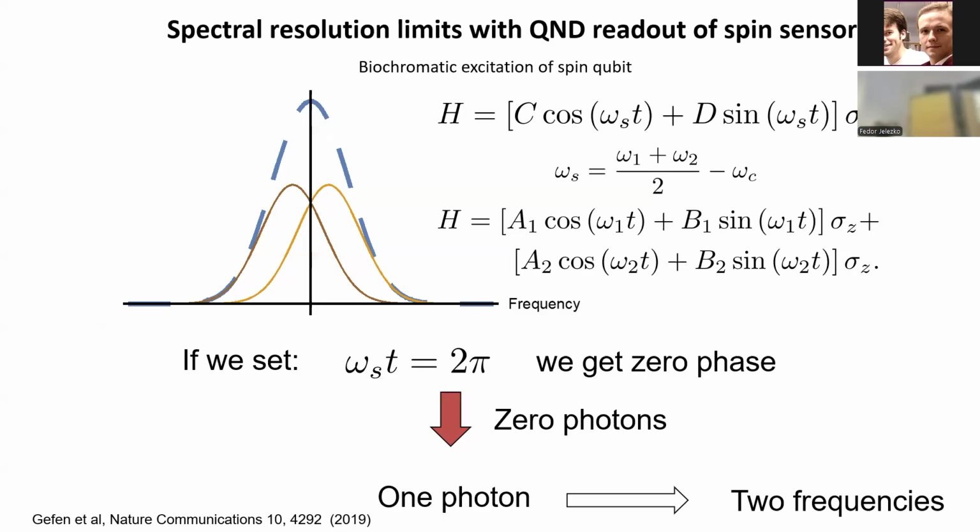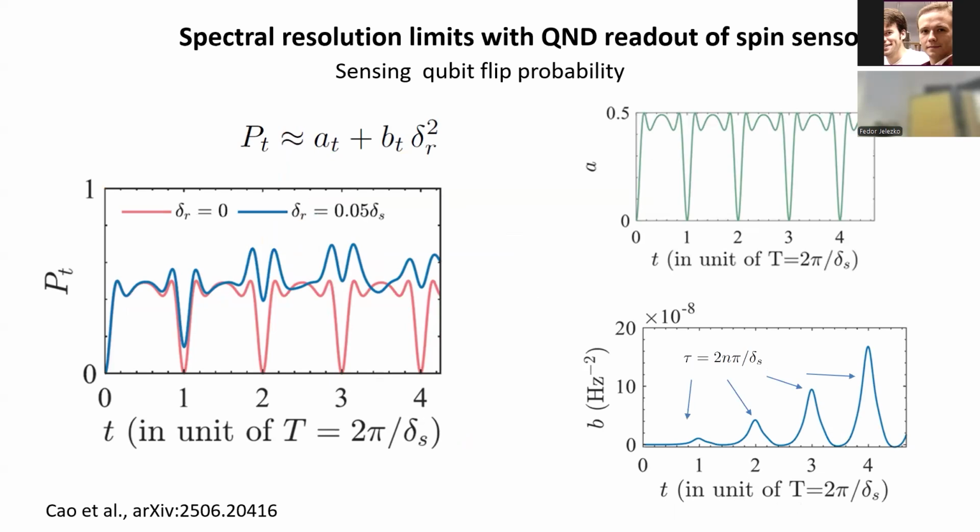And it has some consequences on the resolving power, because you are sitting on a point where there is no noise. And so here it's a bit different view on this. It's the probability of spin flip of an NV center, shown as a function of the separation between some control pulses present in the NV control, and there are some stroboscopic points where the evolution of the quantum system returns back for a single frequency present in the spectrum, or the separation of components being 0.